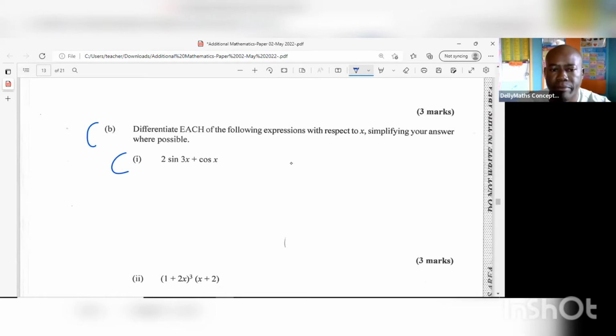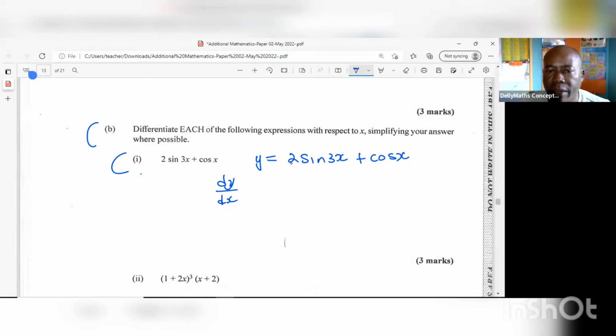All right, no problem. So let us say we have y is equal to 2 sine 3x plus cos x, and we're doing our dy/dx here.